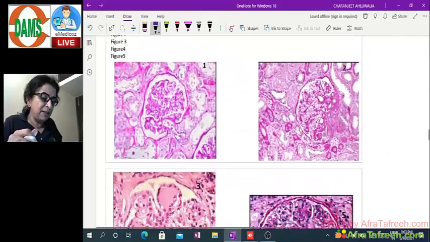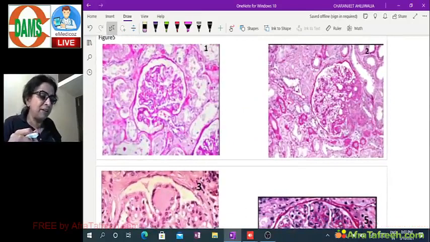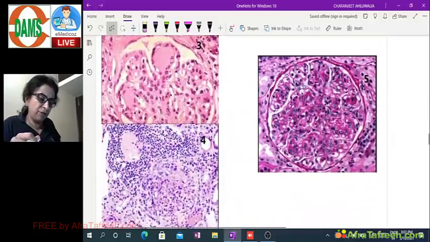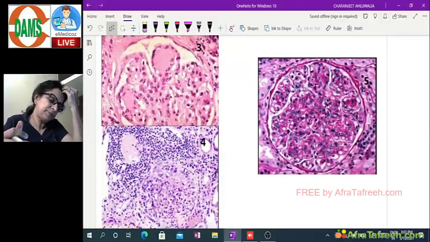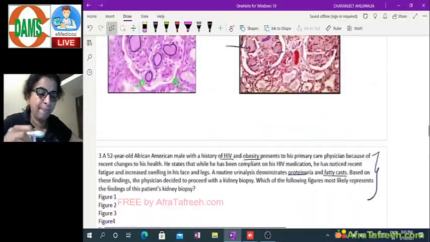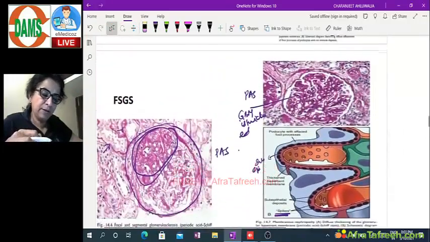So all of you please tell me your answer. Look at figure 1 and 2. First look at figure 1 and 2. Which one will fit? Figure 1, figure 2, figure 3, 4 and 5. Okay, please write your answer. What do you think is the answer to this question? I'll just show you these few.